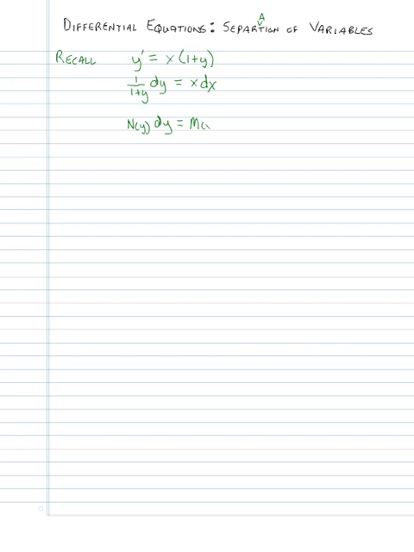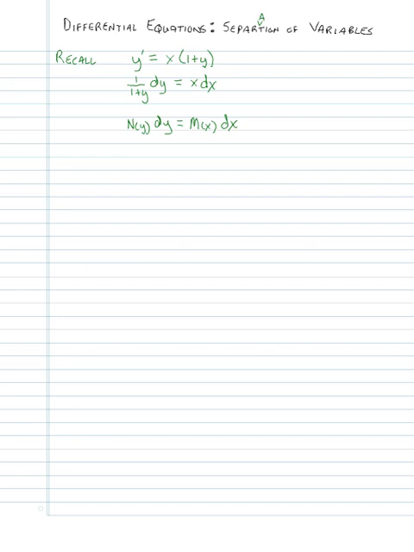So m is a function of x, in this case just x. And so we end up with a function of y dy equal to a function of x dx. Now, without loss of generality, I'd like to have both of those on the same side of the equal sign.